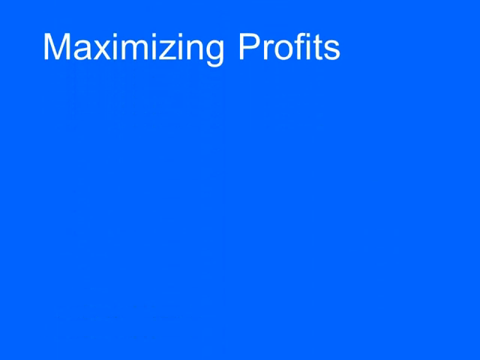Okay, now let's look at maximizing profits. This is kind of magical here. It is being able to determine what price is going to get you to that sweet spot where you are making as much money as possible. And with that, you're going to have to factor in elasticity of demand as well.